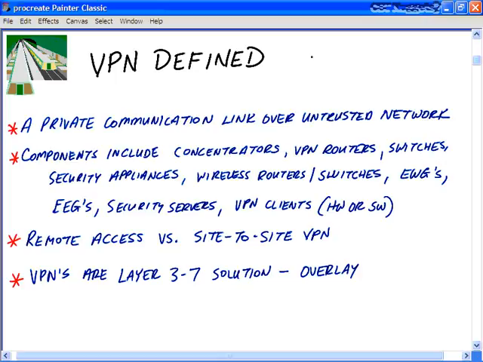It's a private communication link that's established over an untrusted network. And typically, the untrusted network will be either the global internet or the extensive network of a service provider and its partners.